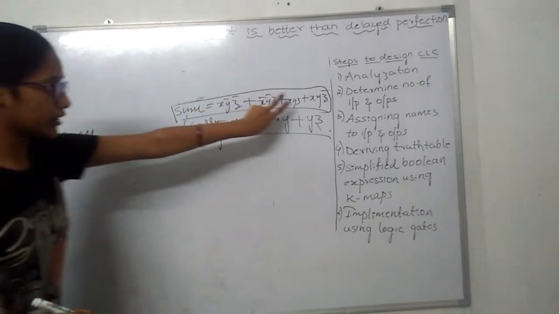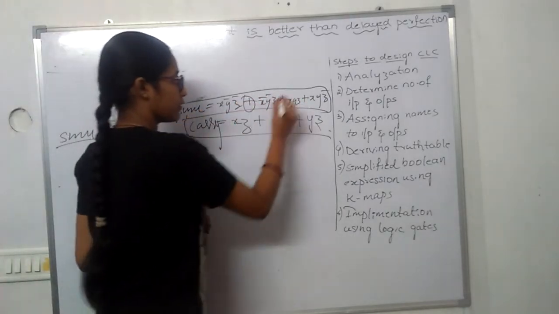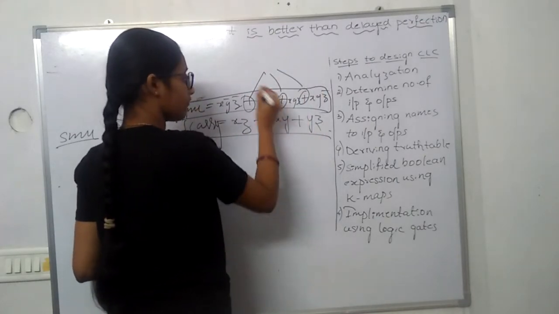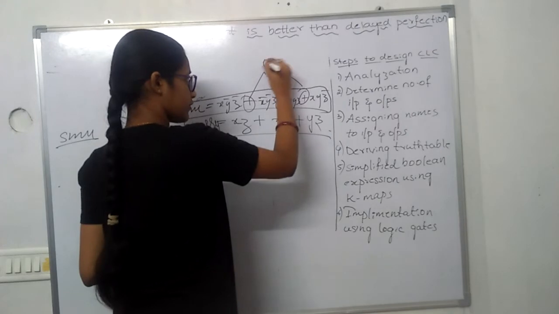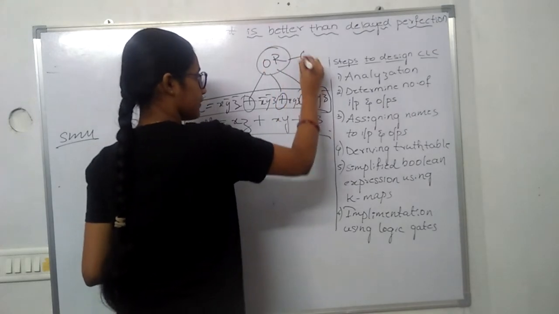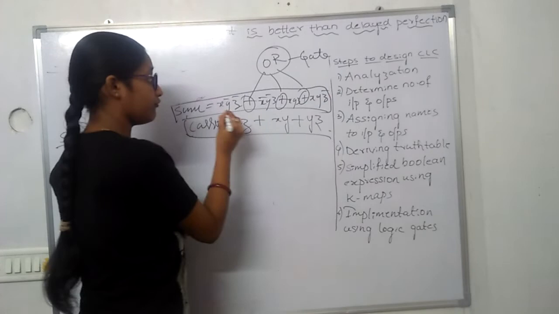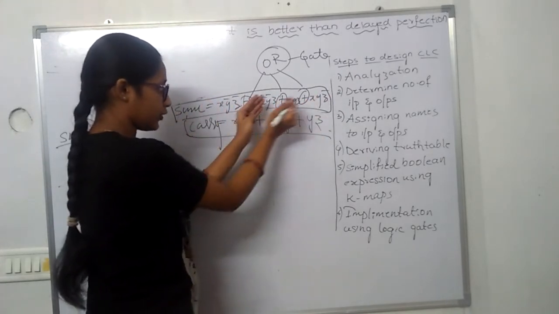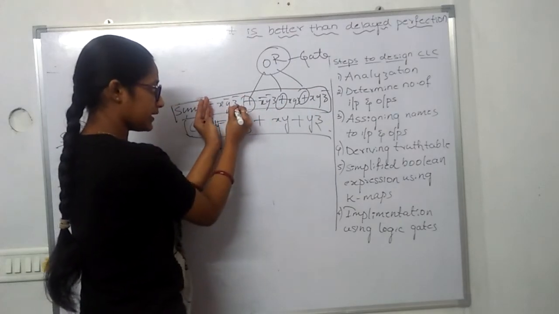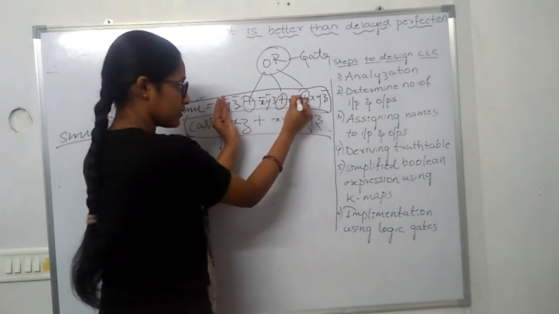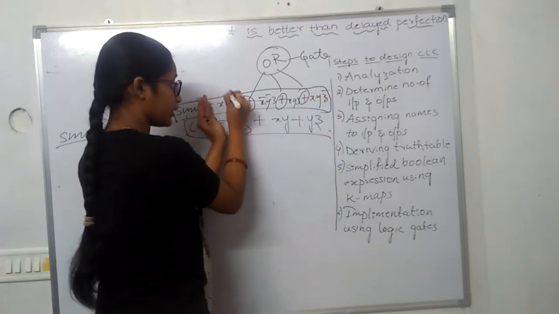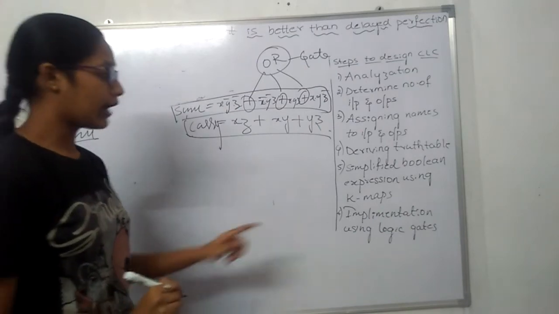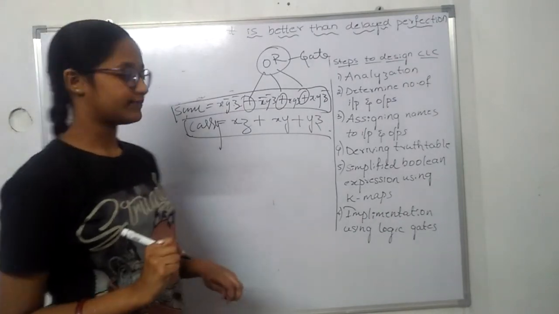In sum we have 4 terms, and we have to add all these 4 terms, so we use an OR gate. Individually we have 4 terms with dot product, so to represent each term we implement an AND gate.